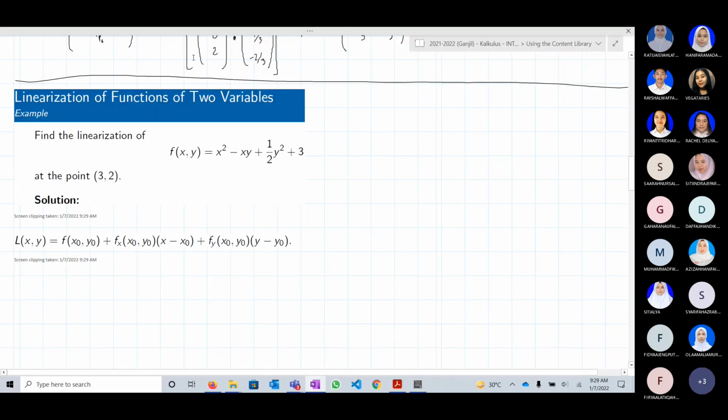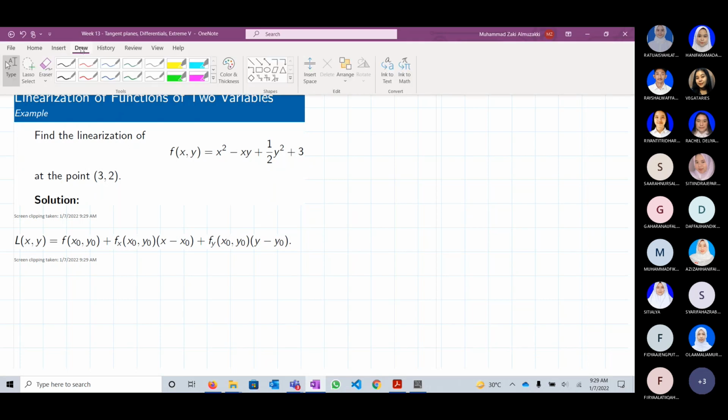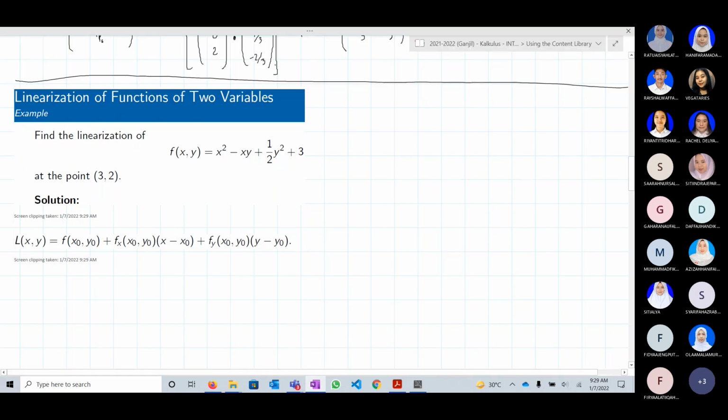The ingredients that we need are fx, the derivative of f with respect to x, which is 2x minus y, and fy, the derivative with respect to y, which is minus x plus y.